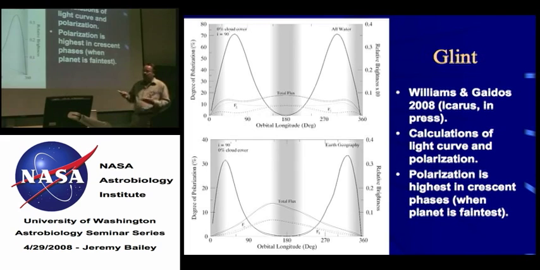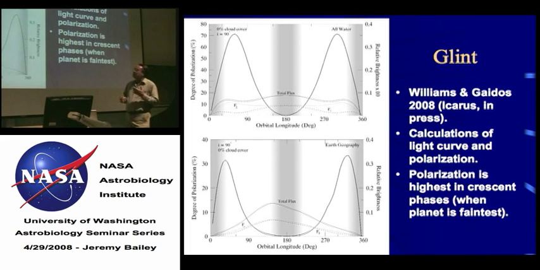So this top model is a model for a completely ocean-covered Earth with no clouds, and that's a favourable case for seeing glint, because the oceans themselves are largely dark and the glint spot bright. So you can get a strong polarization peak here. It's going up to about 70% polarization.